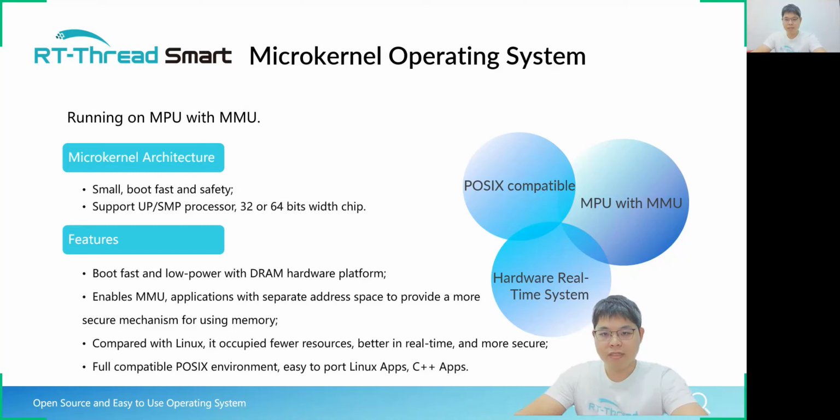Compared with Linux, it occupies fewer resources, is better in real time, and is more secure. At the same time, RTOS Smart is fully compatible with the POSIX environment, making it easier to port Linux apps and C++ apps.